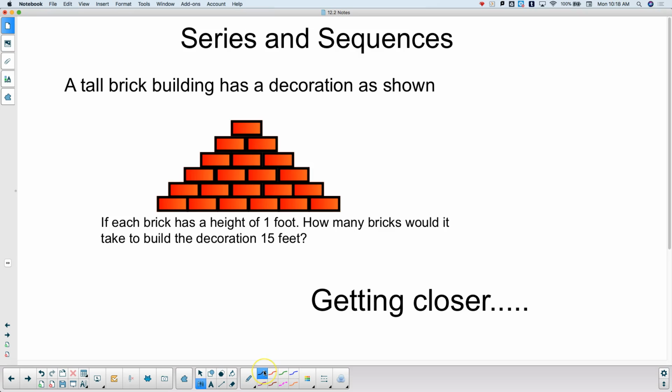We can find out how many bricks are in the last row using our formula, knowing that there is 1 brick in the first row. If each brick is 1 foot and we want a 15-foot high decoration, then there are 15 rows to our decoration.